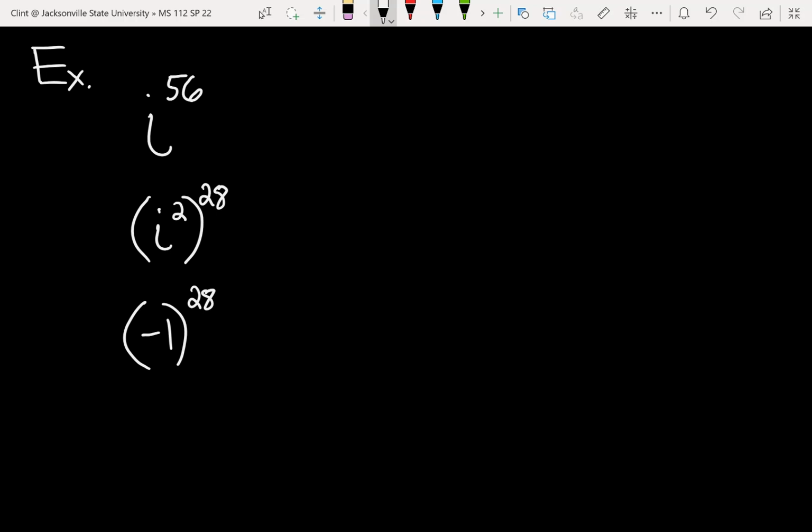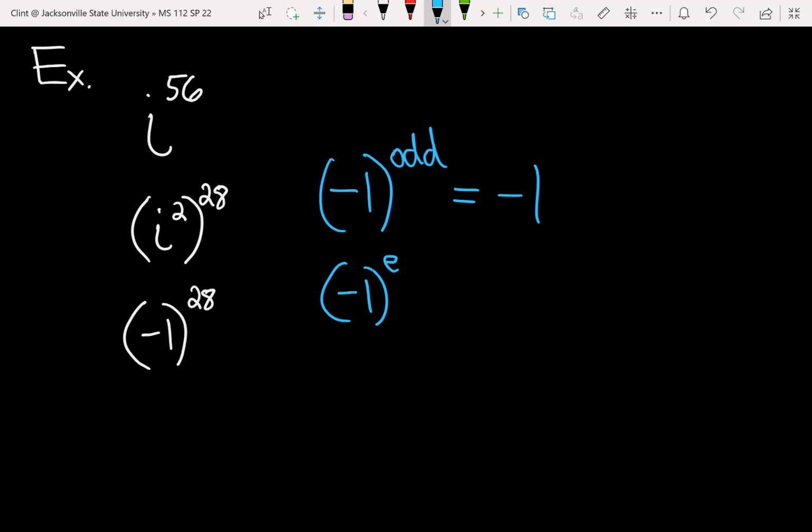Positive times a negative would give us a negative, so it would be negative. So the way this works out, we have negative 1 to an odd power, that's negative 1. If we have negative 1 to an even power, like 2, that's positive 1. So here we've got negative 1 to the 28th, which is even, so our answer is 1.